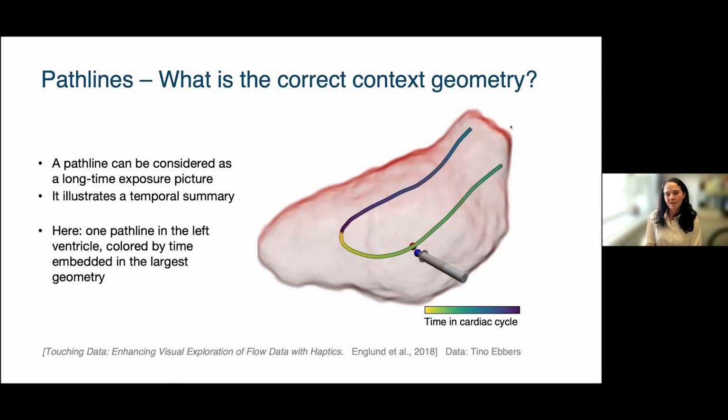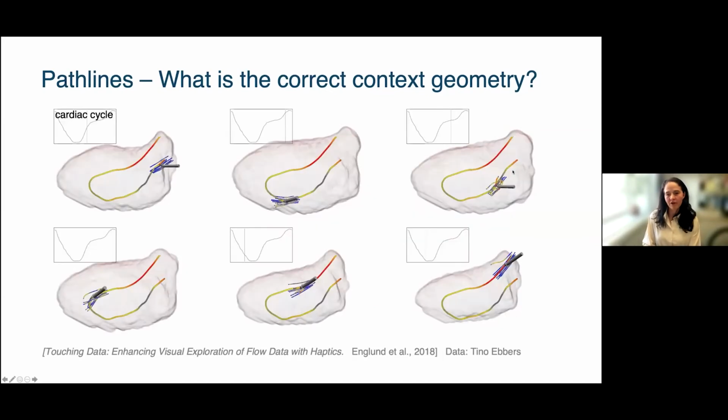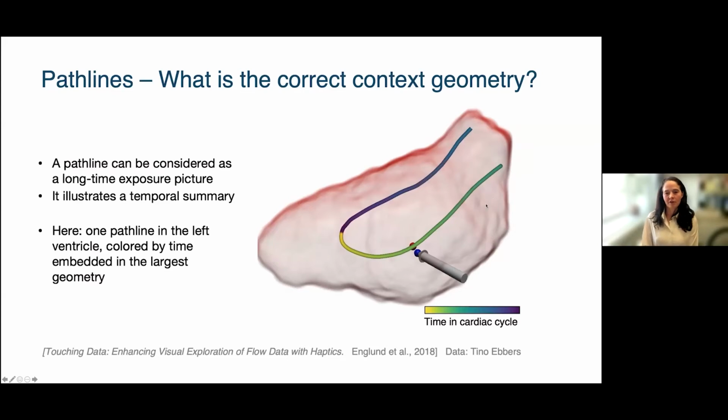To be able to understand this a little bit better, we introduced a haptic pen that you can use to navigate time. This pen is attracted to this line, and you can move it forward and backward. While you are doing this, you are also changing the time of your observation. And this is important because the geometry also changes over time.